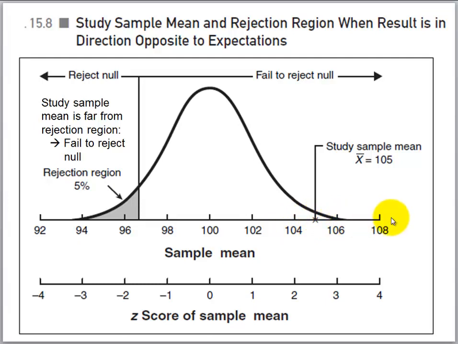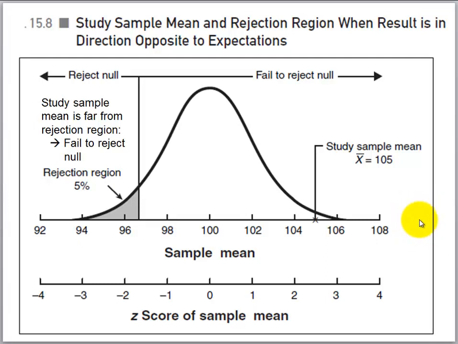So, I mean, conceivably, perhaps the result could be way out here, so that had you run a two-tailed test, a result way out here in the positive tail, it would be highly significant. It would be significant with something like p equals 0.000007. In other words, by chance alone, you would almost never get a result this extreme. But sticking with the hypothesis testing model, you only reject when the result is in the direction stated in the alternative. So you would not reject here, sticking with the model.